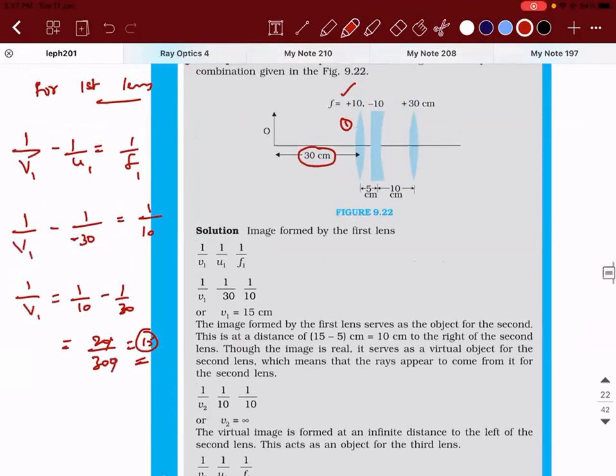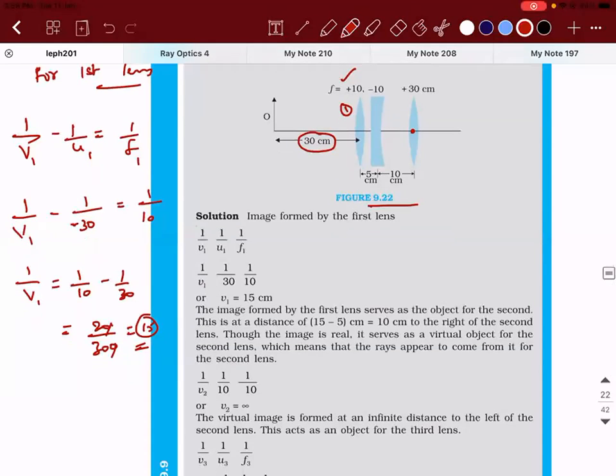So V1 is formed at a distance of 15 centimeter, which means it is exactly formed at the optical center of the third lens.